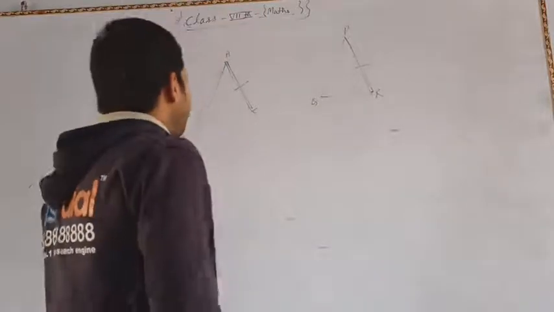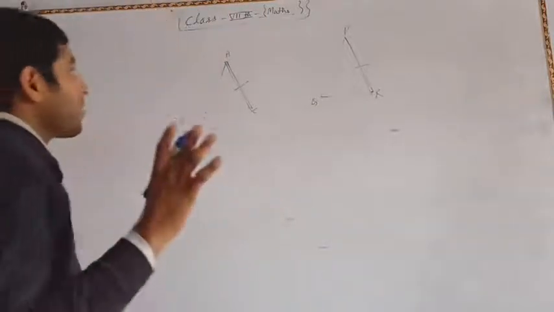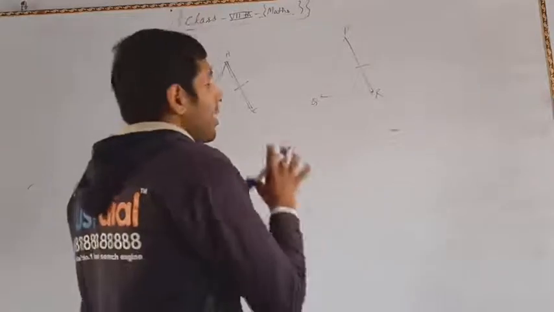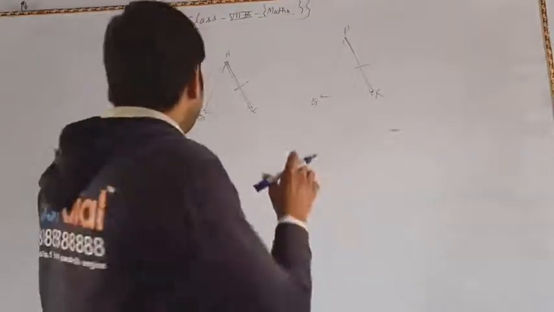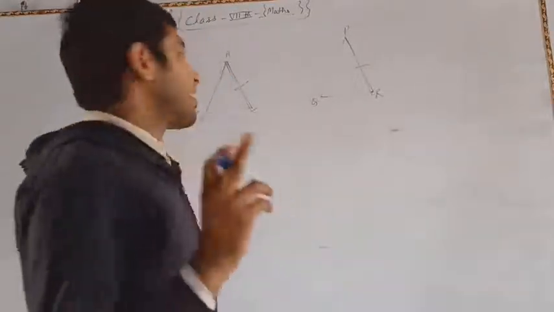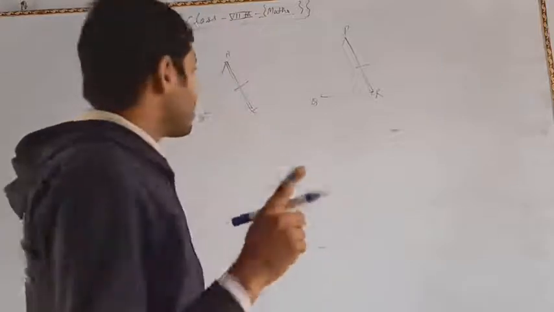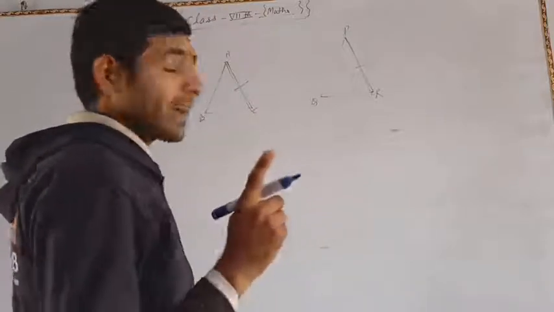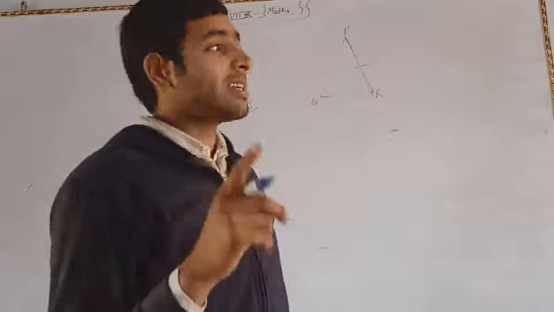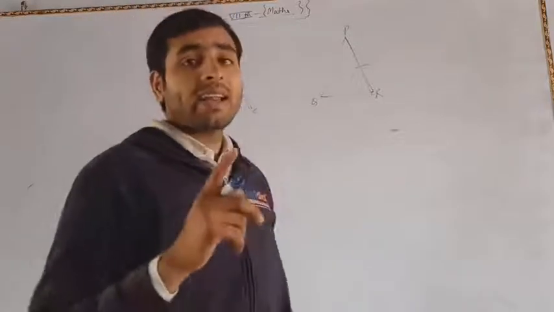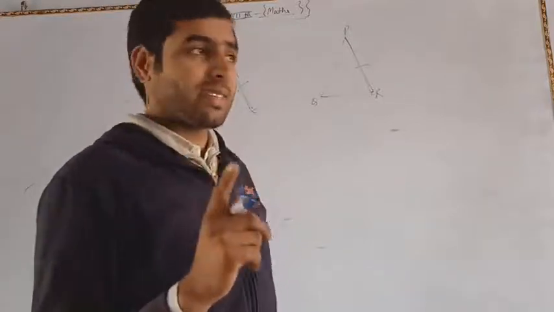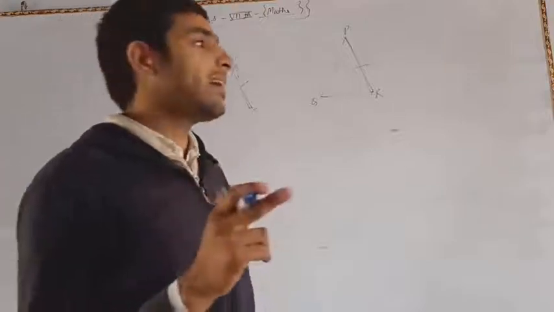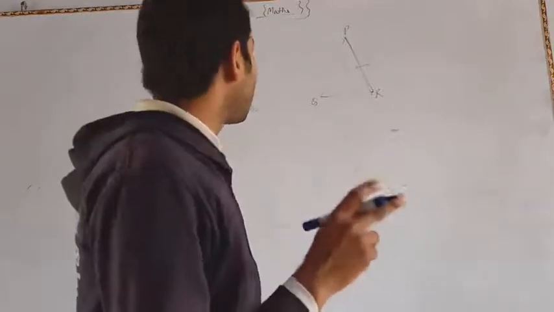okay, and you also know that four types of rules should be followed if triangles are congruent to each other. First side side side congruency, second angle side angle congruency, third side angle side congruency, and fourth right hand side congruency.